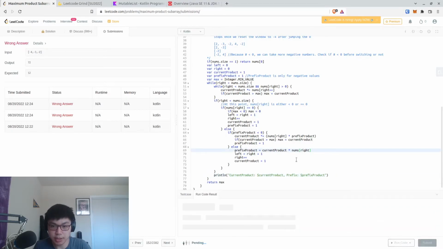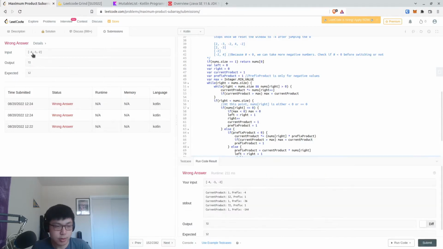Seems like it's multiplying on itself somewhere. So there should be 1 and -4, yep. Then 12 and 1, yep. Then 1 and -36.